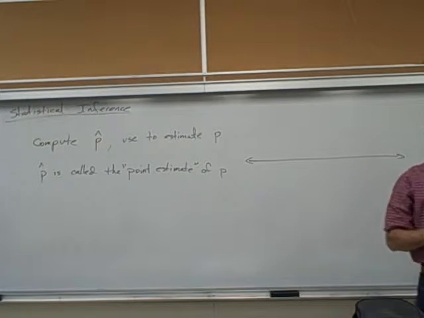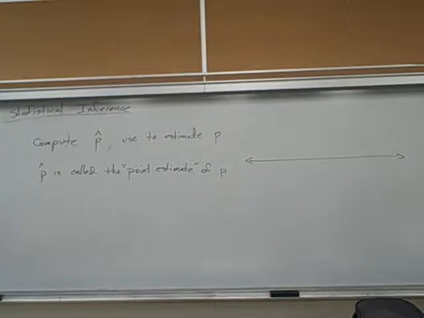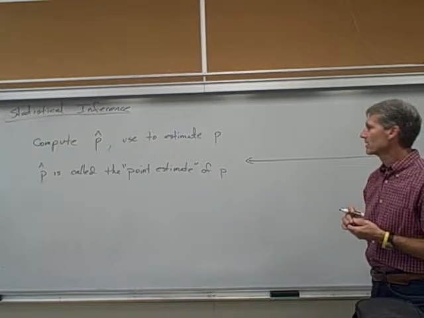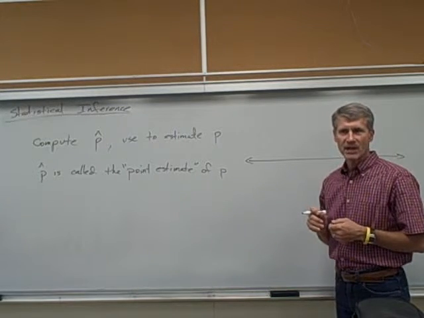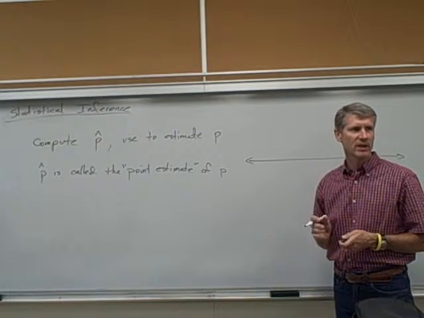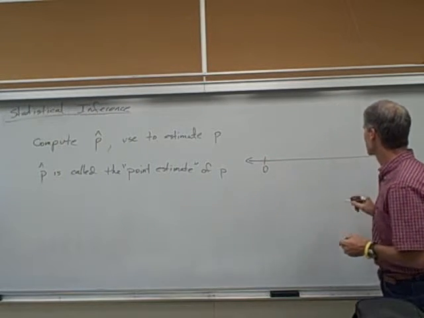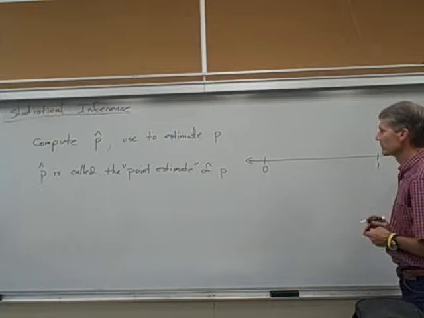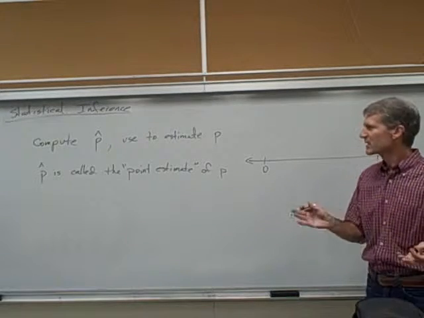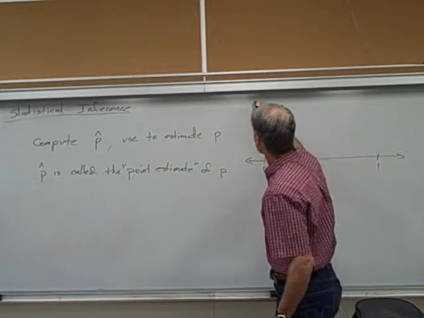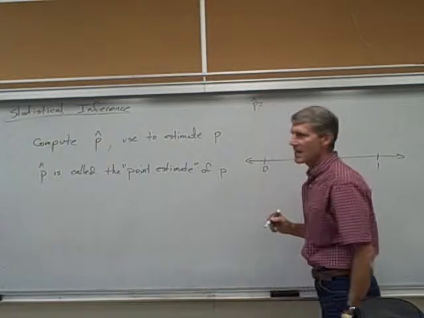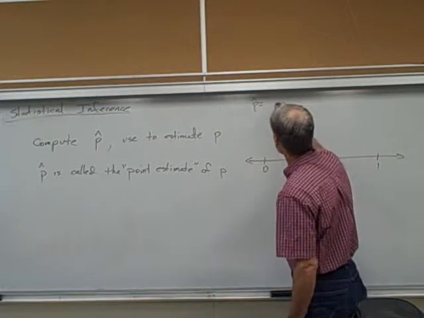And on that number line contains all of the possible values you could get back for P hat. Now it's a proportion, so what's the smallest it could be? 0. What's the biggest it could be? 1. Okay? So let's say that we get from our sample P hat equal to 0.4.